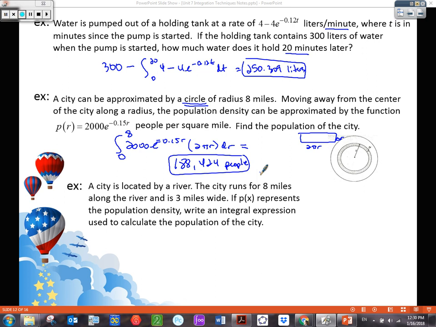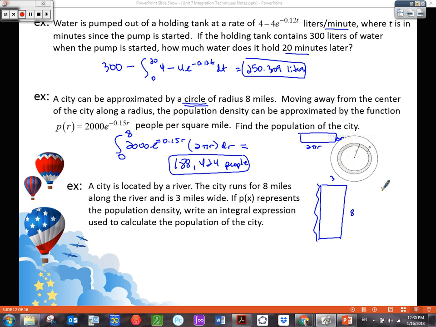So we have a city located by a river. Okay, so here's, that's a terrible river. Just go with me here, right? That's a river. And here's our city. It's right by the river. And it runs for 8 miles along the river, and it's 3 miles wide. Okay, so that is our city.